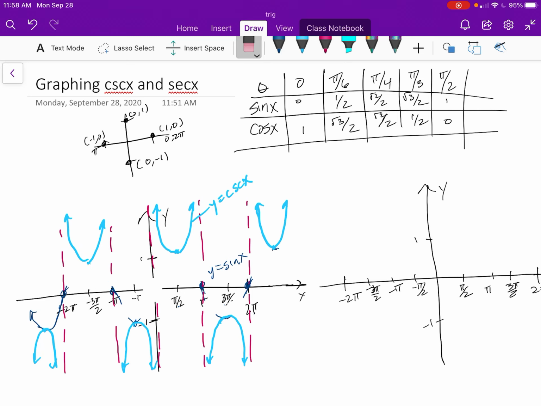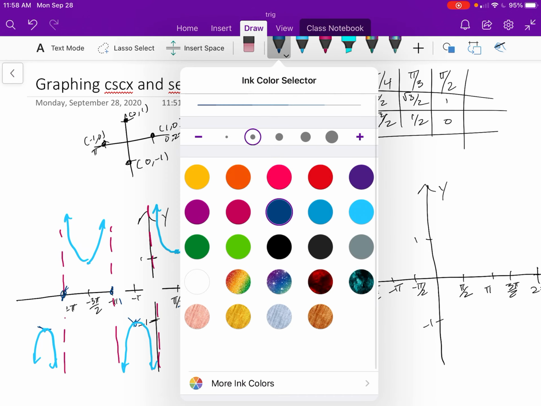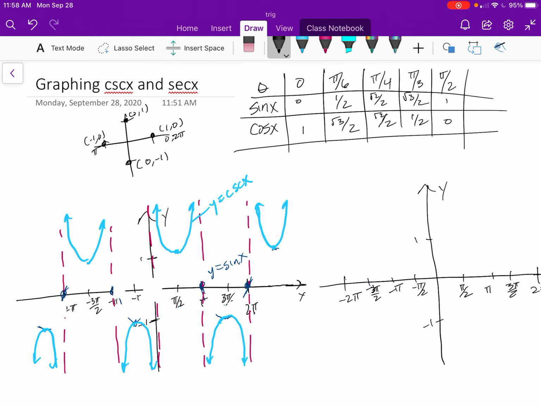Trying to erase without erasing all my info here. A little bit got erased, that's okay. So this was negative 2 pi, that was negative pi over 2. Okay.